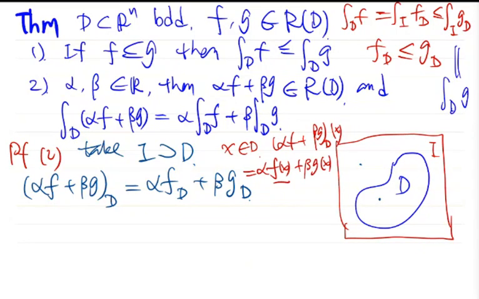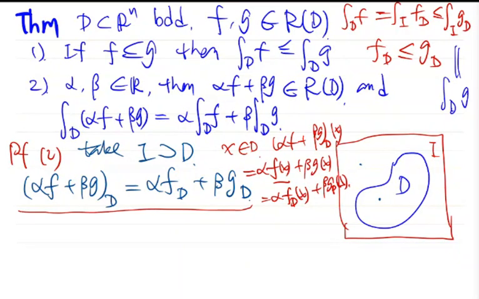But f̃(x) is precisely f(x), because x belongs to D, so the value of the zero extension and f coincide. Similarly, g̃(x) is precisely g(x). So this proves the equality for x in D.